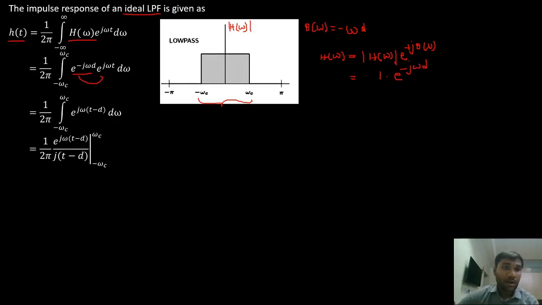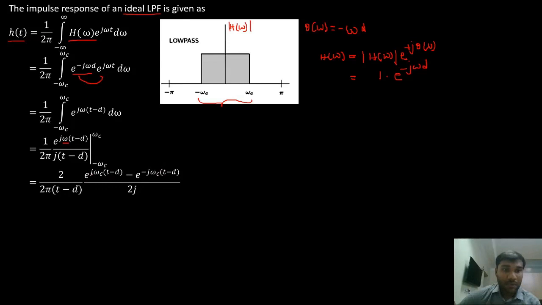So now I am going to substitute my limits. If I substitute my limits, this is what I will arrive at: 1 by 2 pi, t minus d inside, and here in the denominator I have j. If I substitute omega c in place of omega, I get e power j omega c into t minus d, minus, substituting minus omega c, e power minus j omega c into t minus d.